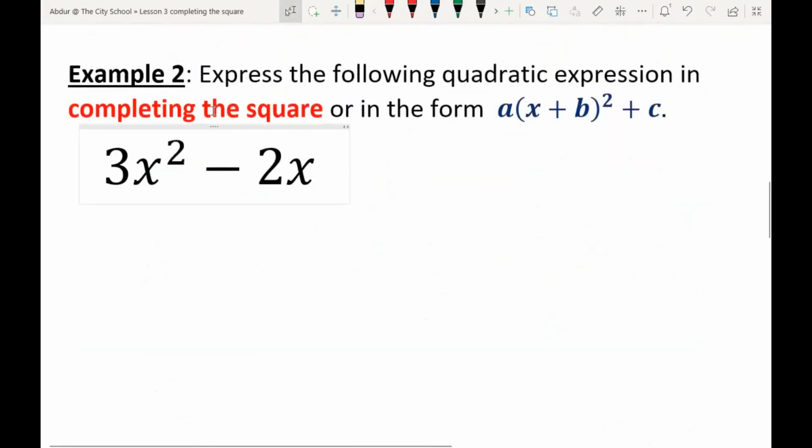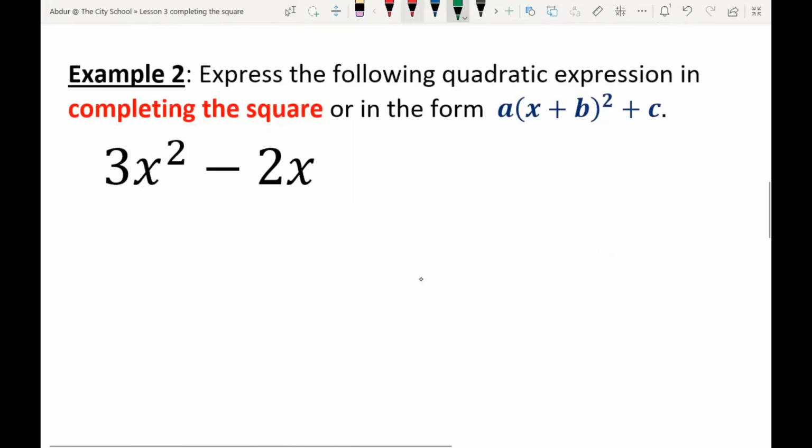Now, example two, we have to express the following quadratic expression in the completing square form or a(x + b) whole square plus c form. The first step is first term must be positive 1 coefficient, but here the 3 you have to remove this 3.